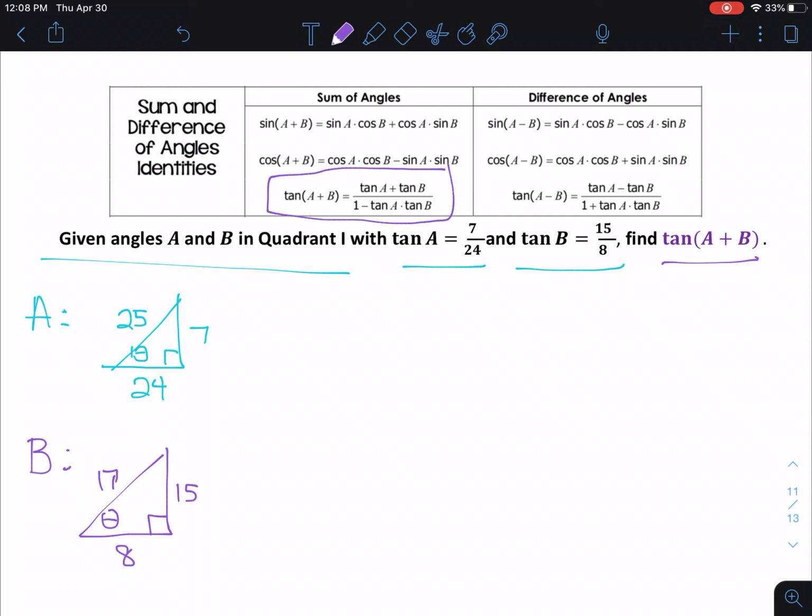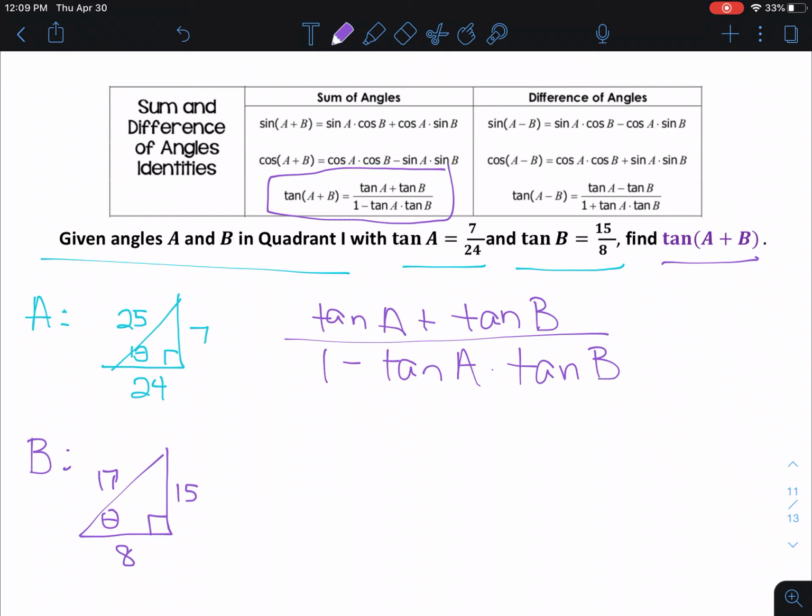So I'm just going to write that out. So I have tangent of a plus tangent of b over 1 minus tangent of a times tangent of b.